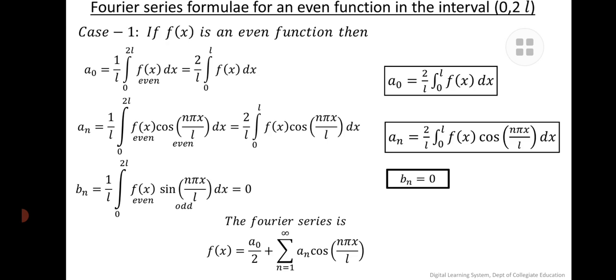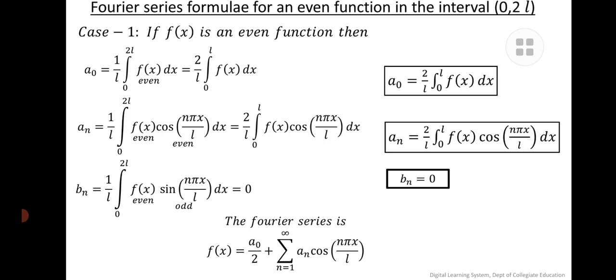In case the function f of x is even, then a0 is equal to 1 divided by l integral 0 to 2l f of x dx, which is equal to 2 times 1 divided by l integral 0 to l f of x dx, because we know that the function is even. In case of an, 1 divided by l integral 0 to 2l f of x cos n pi x divided by l dx.